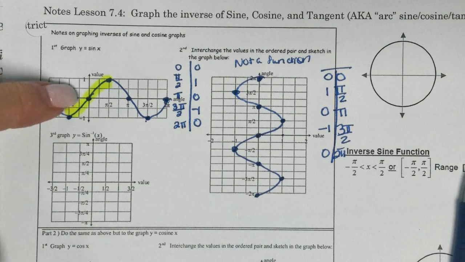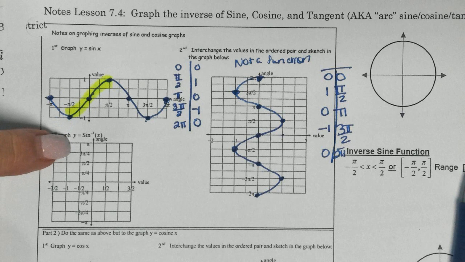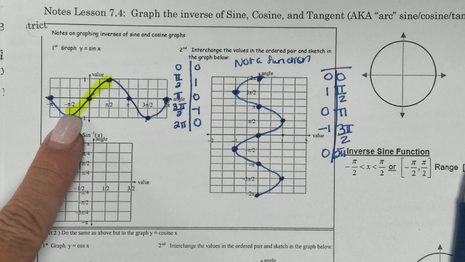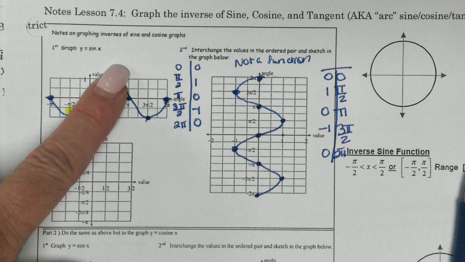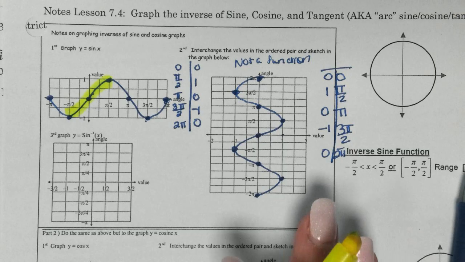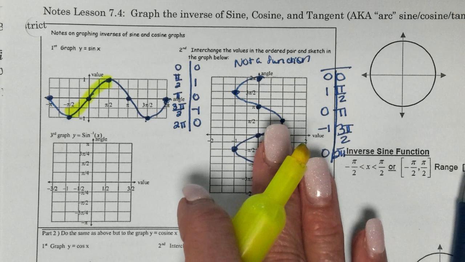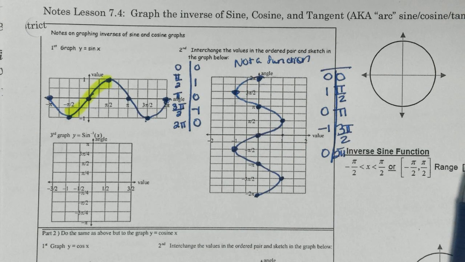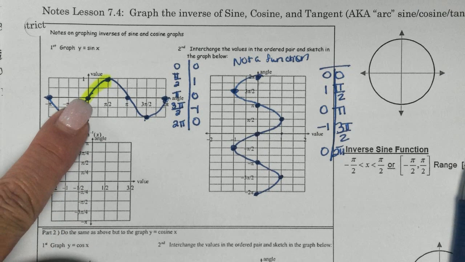And where does this section from -1 to +1 work over here in our inverse? Can y'all find it? We know our origin.